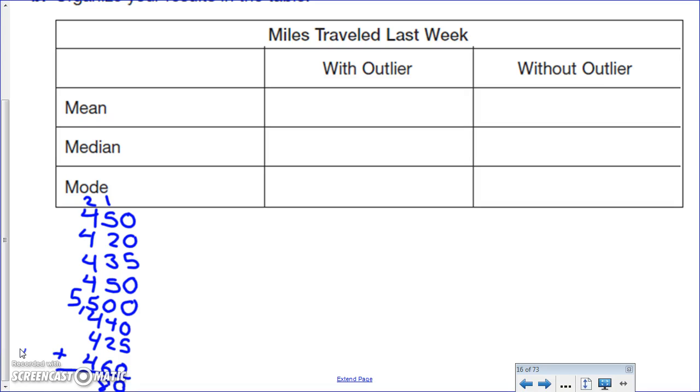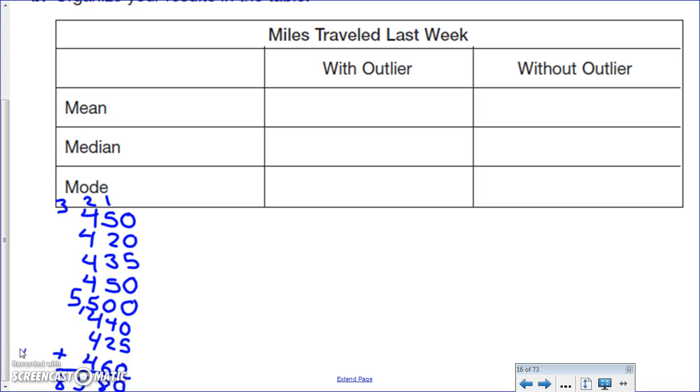Two plus 4 is 6, plus 4 is 10, plus 4 is 14, plus 4 is 18, plus 5 is 23, plus 4 is 27, plus 4 is 31, and plus 4 is 35. And 3 plus 5 is 8. So we have 8,580 as our total.